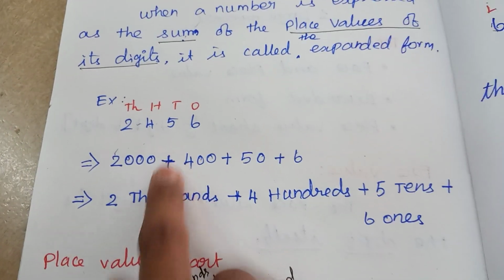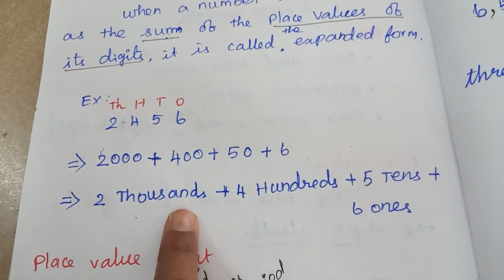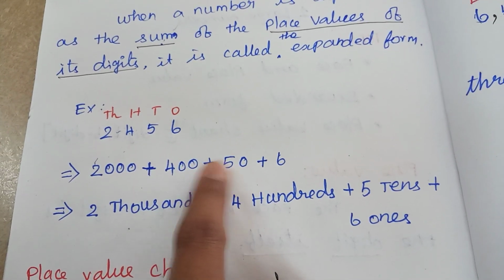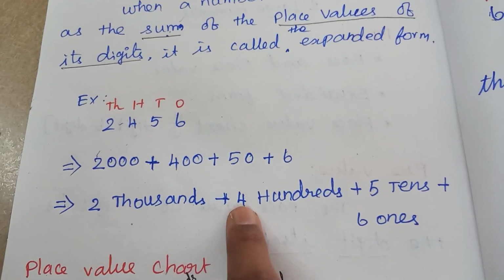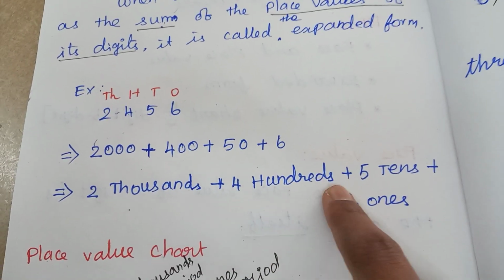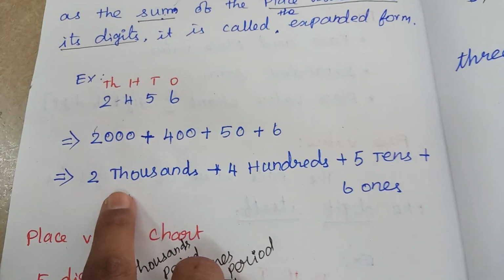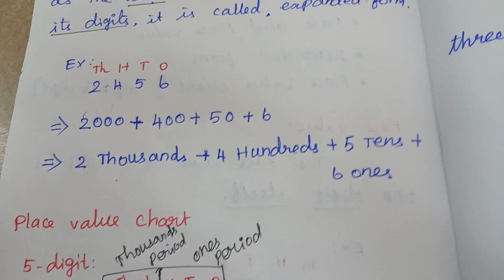Here also we have two methods: one is adding zeros, another is using the places. 2,000 plus 400 plus 50 plus 6, or else 2 thousands plus 4 hundreds plus 5 tens plus 6 ones. If you follow the second method, you should know the spelling for all the places.